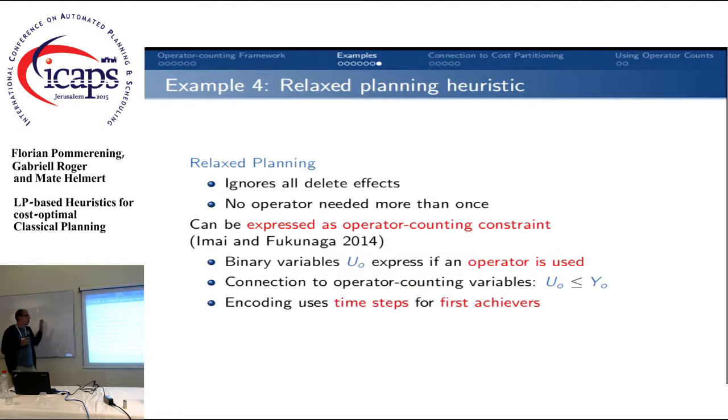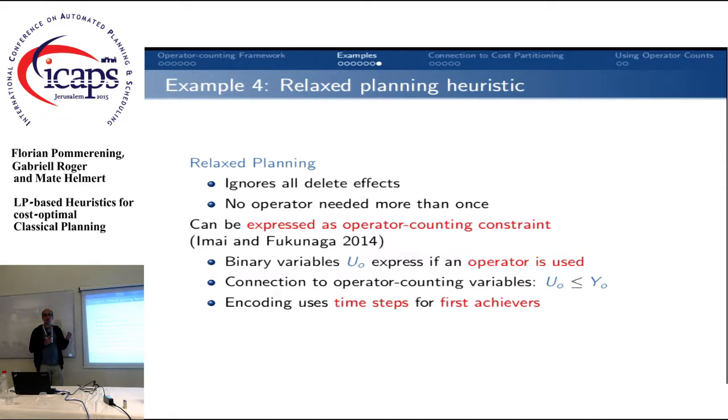So we can express this with the less than or equal. I don't want to go into detail about this formalization because it takes a few constraints. It's not that complicated, but it takes about 5 different types of constraints. The only thing I want to say about this is that this uses time steps. So it has time step variables, and it works with first achievers.